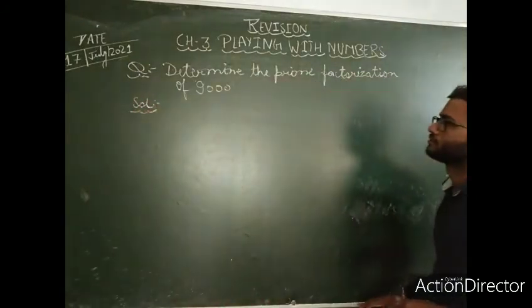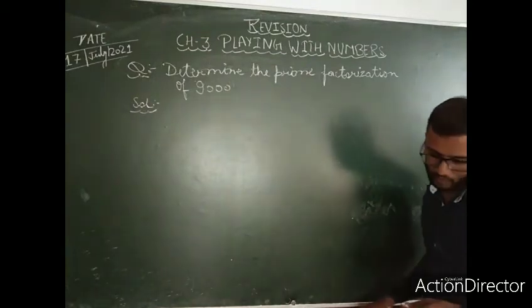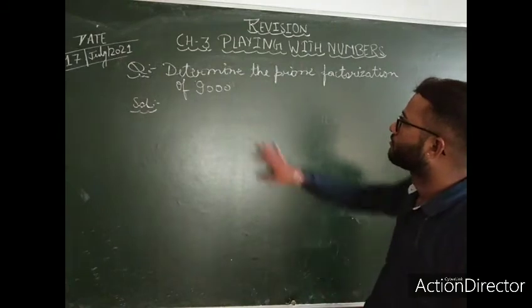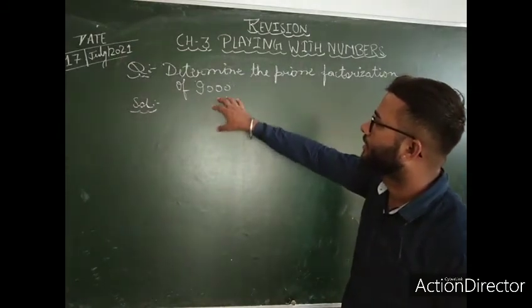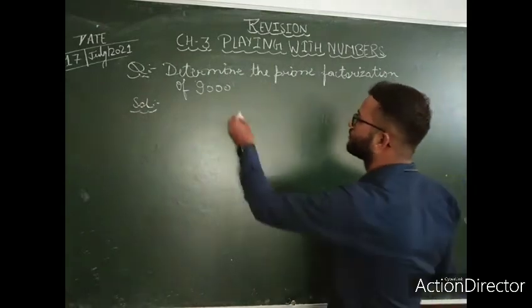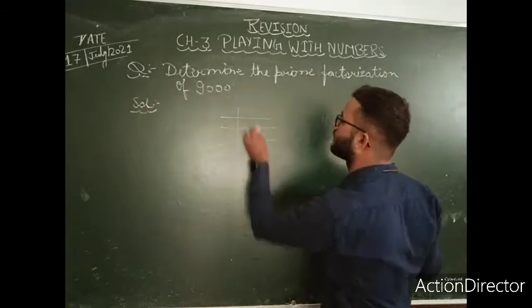Okay, so how do we find the prime factorization of a number? Here we use the division method, right?